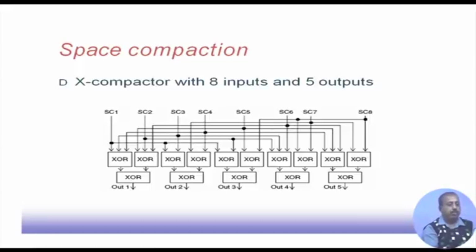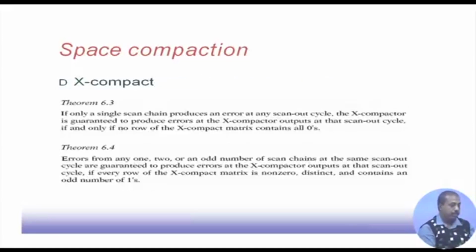So, that way it ensures that if there is some fault occurring and it is coming to the scan chain, the circuit is producing a different output, so the corresponding test pattern could detect that particular fault, then this compactor circuit is not going to lose that detection. It will pass that detection to one of the outputs, and that way it is guaranteed that aliasing will not occur, the faulty response will not match with the fault free response for that particular cycle. So, this is the beauty of this X compact scheme.